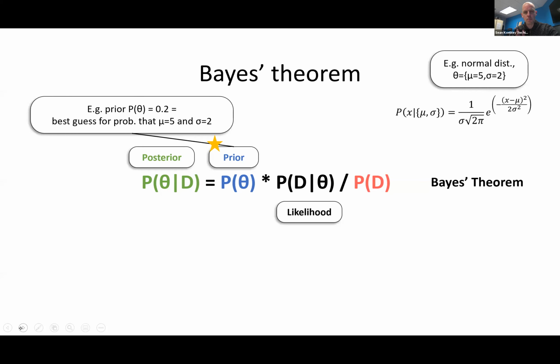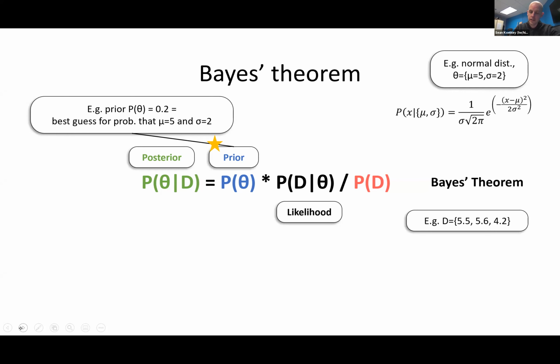You think maybe this is the most likely mean and standard deviation, and you could just set that. By the way, what you're actually going to do is set a distribution for your mean and your standard deviation. You're going to say, this is what I think the most likely distribution of my means is, and this is what I think the most likely distribution of my standard deviations is, based on your prior knowledge.